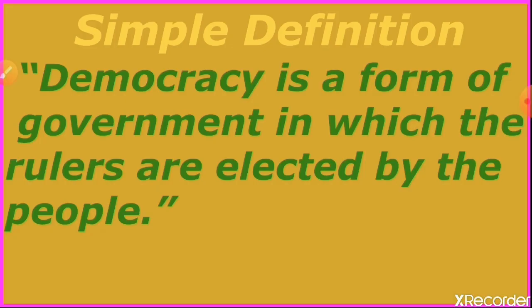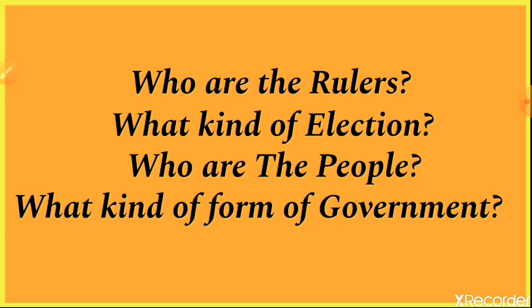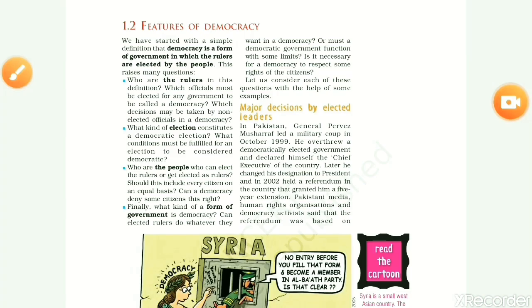Okay. So further we talk about features of democracy, and for that we have to again explain the simple definition of democracy. Democracy is a form of government in which the rulers are elected by the people. This definition raises some basic questions like who are the rulers, what kind of election, who are the people, what kind of form of government. So for that we have some examples, like for the first question, who are the rulers?